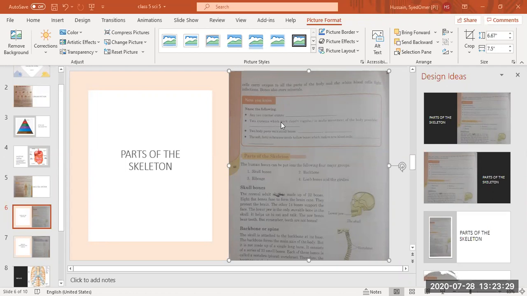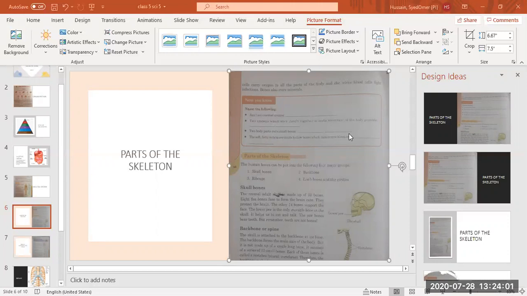Two systems which work closely together to make movement of the body possible: skeletal and muscular. Two body parts with small bones: foot, toe. And the last blank is marrow, M-A-R-R-O-W.